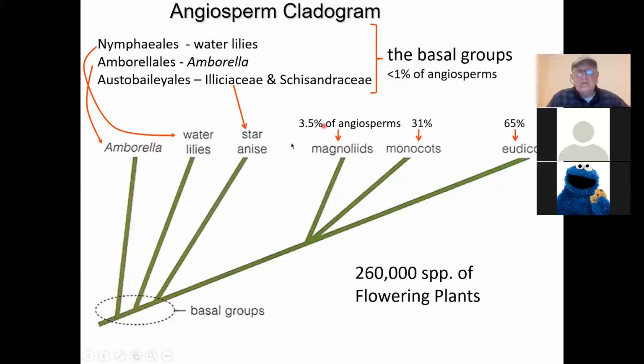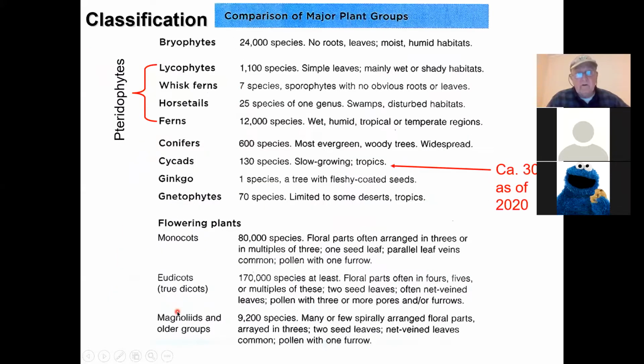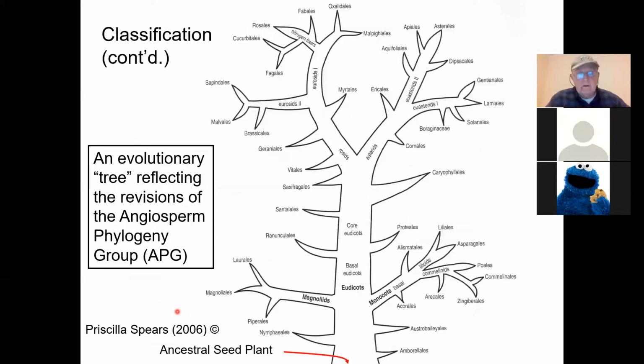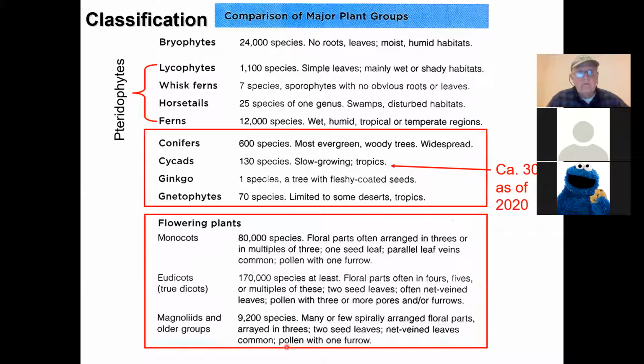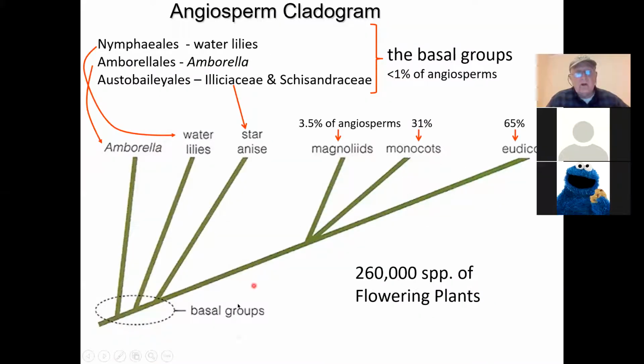And the magnoliids are, when you add the 3.5 to these 1%, 4.5% of angiosperms are considered primitive. So the basal three chain, all right. These three branches and the magnoliids are the basal angiosperms. And actually they're dicots that are not considered eudicots. Unfortunately, the term eudicots, which is everything up here, the 'eu' means true, is a little misleading.